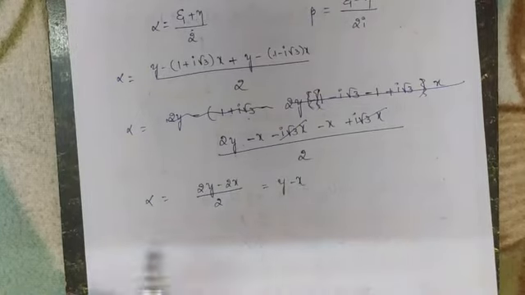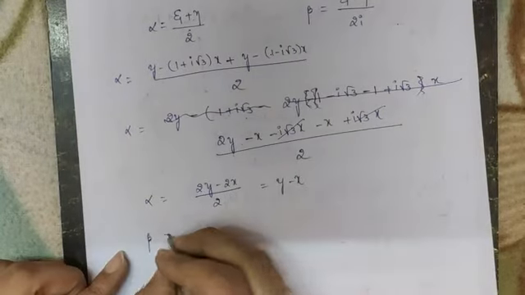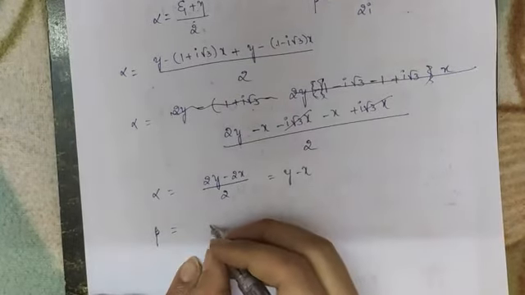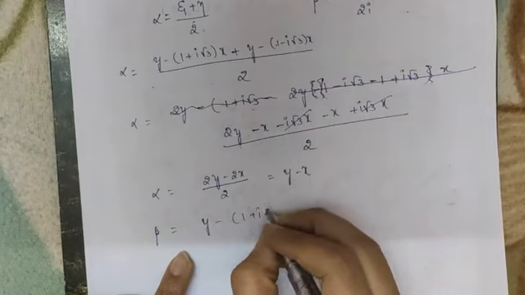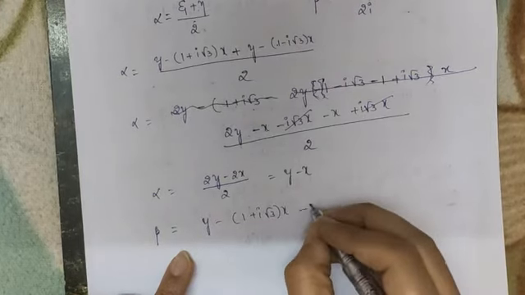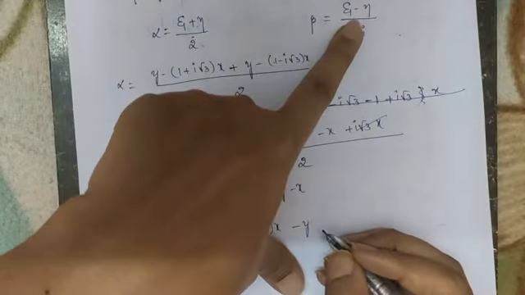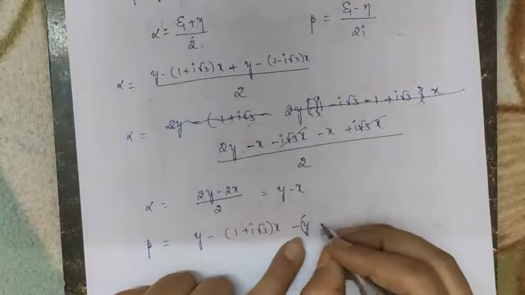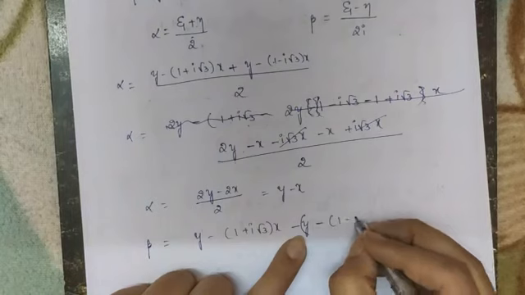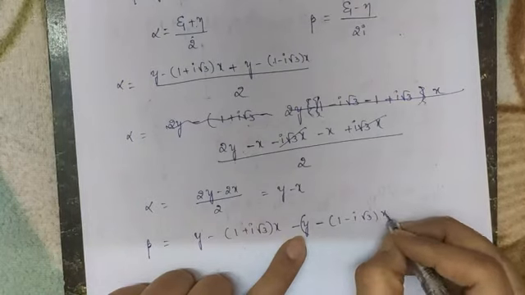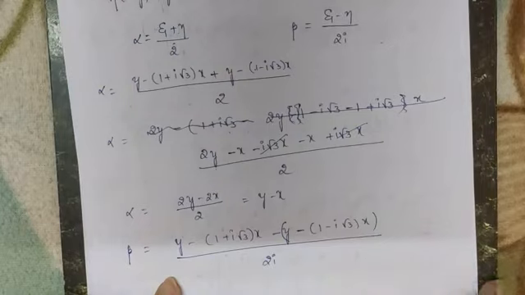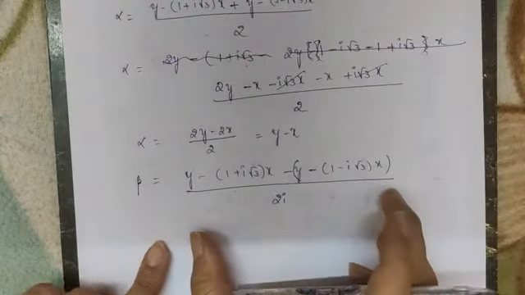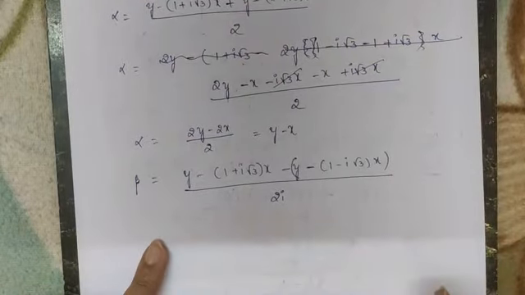This is my alpha. So now I have to find out beta. So beta will be, substitute the values again, y minus 1 plus i root 3 into x minus y, we have minus here, minus into y minus of 1 minus i root 3 into x whole divided by 2i, right? This is the formula to find out beta.